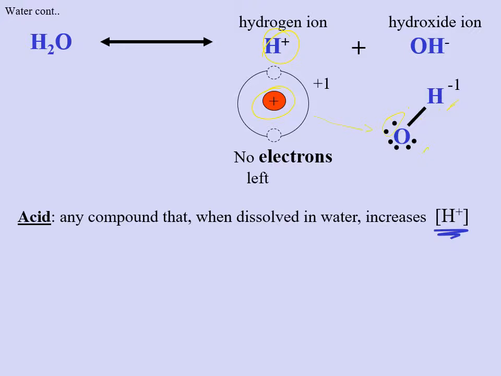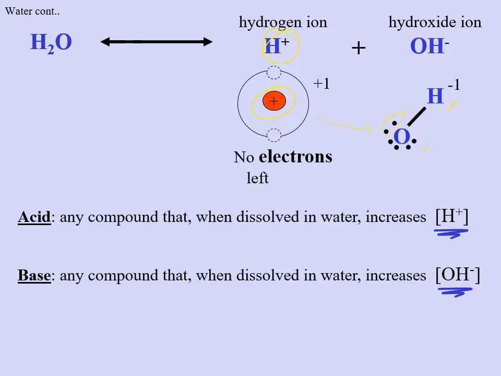And so this gives us our definitions for the terms acid and base. An acid is any compound that, when dissolved in water, increases the concentration of hydrogen ions.